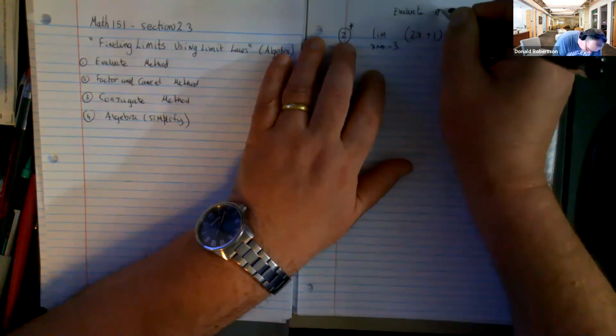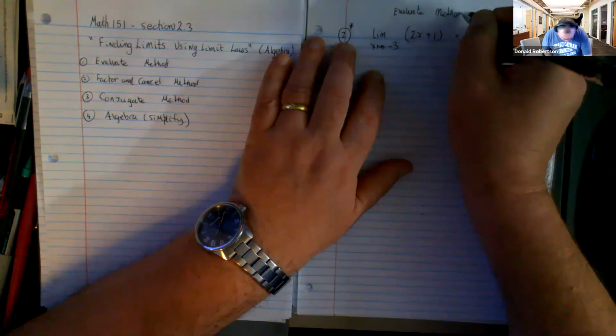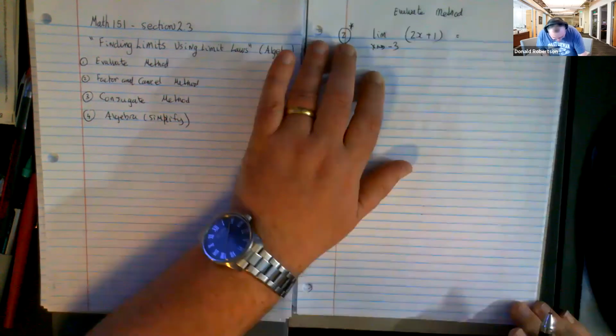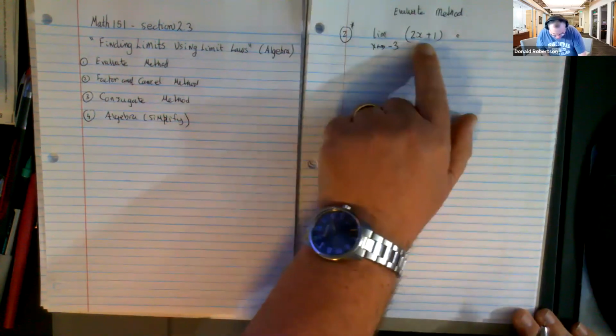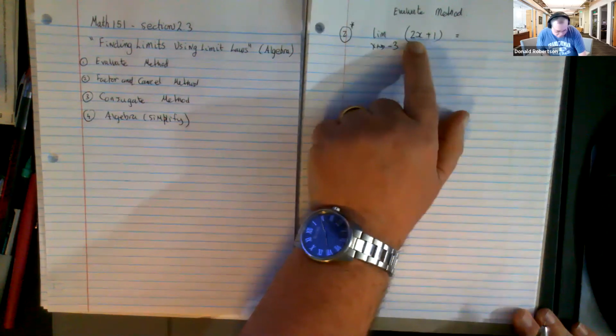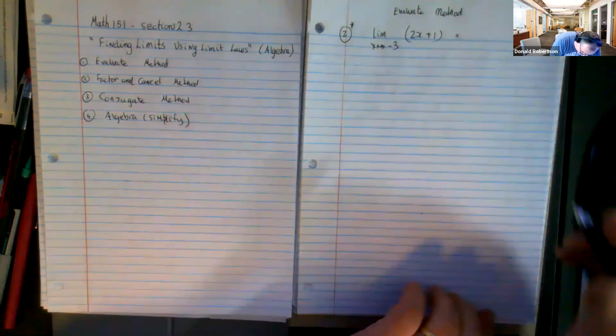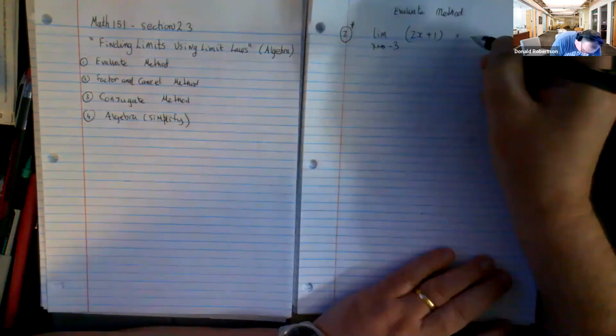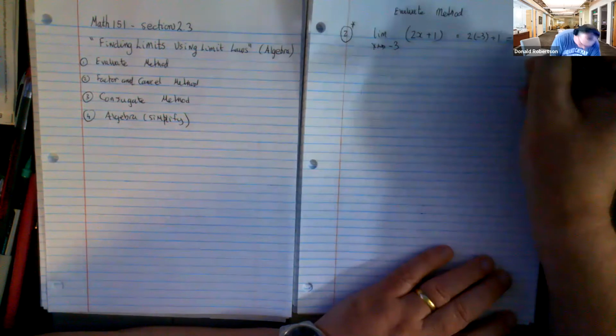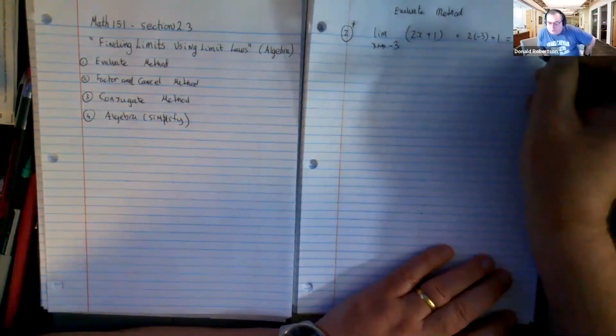In the evaluate method, essentially it says, if you can plug x equals -3 into this expression and you get an answer, then that's the limit. So in this case, it's 2 lots of -3 add 1, -6 add 1, and the answer would be -5.